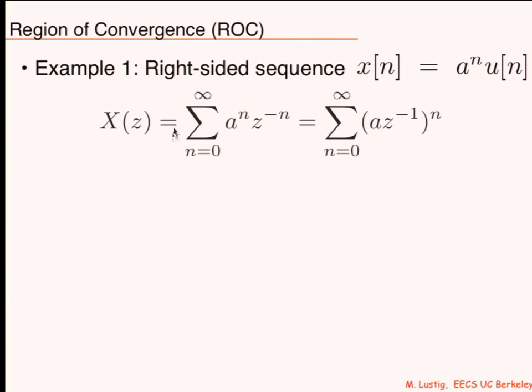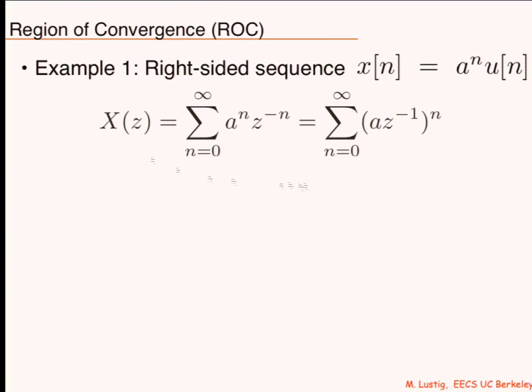So X(z) equals the sum of that. Where did the u of n go? Oh, I changed it. If I know that the sequence is 0 for negative n, I might as well just count from n equals 0. Otherwise I could sum from minus infinity, but those terms are 0, so it's 0 plus 0 plus 0, which is kind of a waste of time.